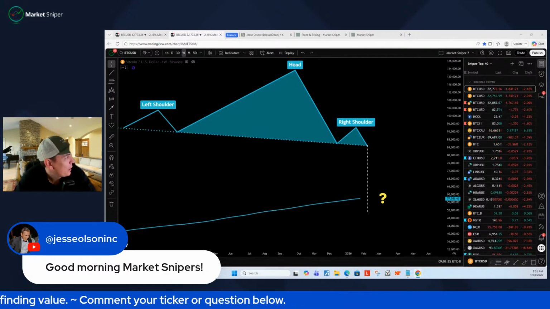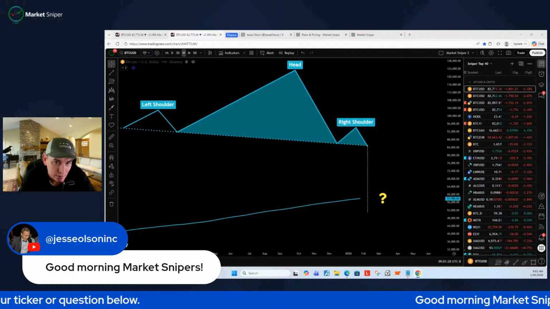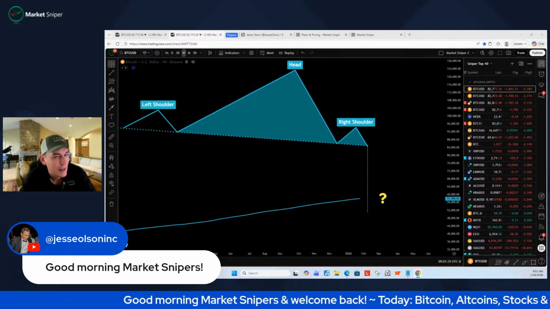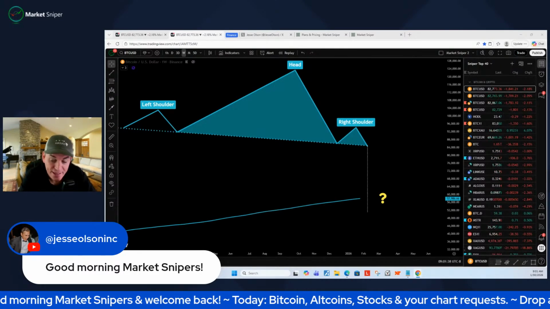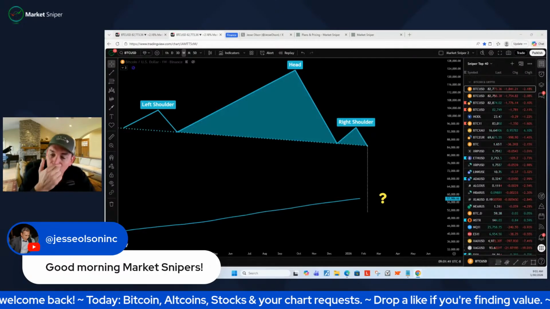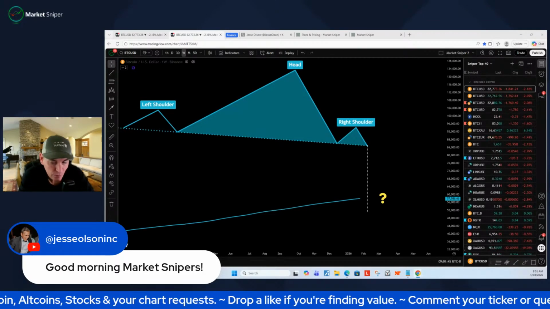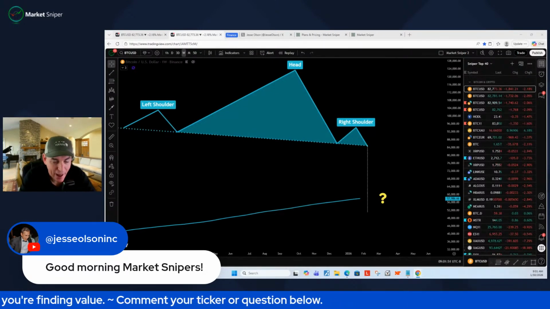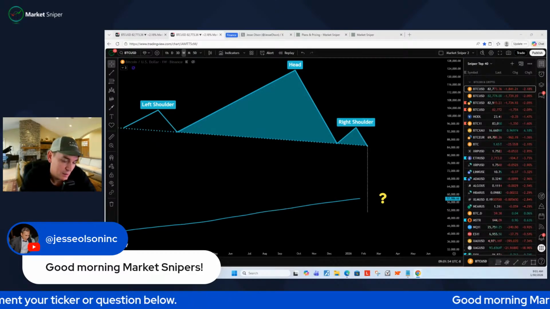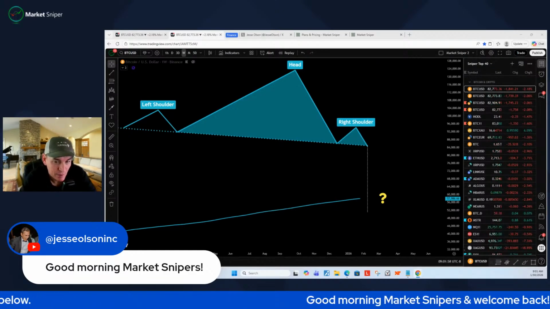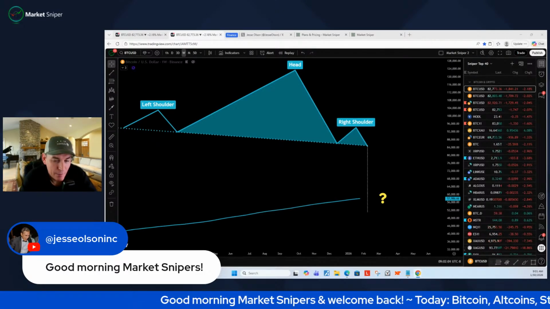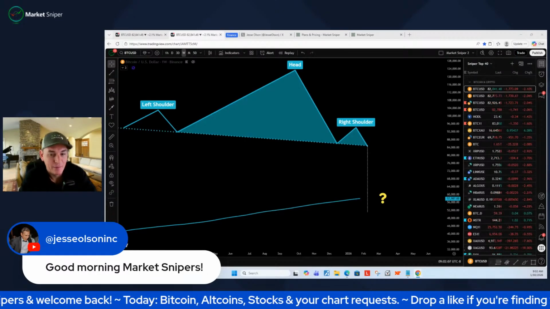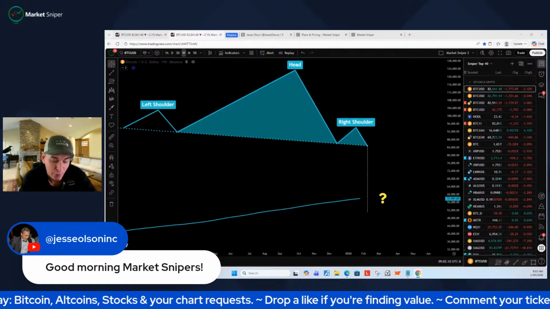The question is Bitcoin head and shoulders pattern. You got the left shoulder, you got a head, you got a right shoulder. If you've been following me for any length of time, I started posting my charts on X in 2021. I use patterns as ideas, but I would not trade a pattern just by itself because in my opinion, it works out 50% of the time. I don't have any real data on this, of course, but in my opinion, the pattern works out 50% of the time in the correct direction and actually hitting the price target probably 30 to 35%.